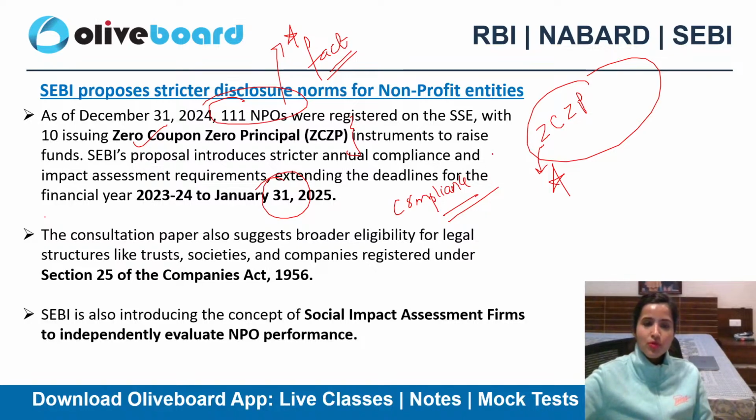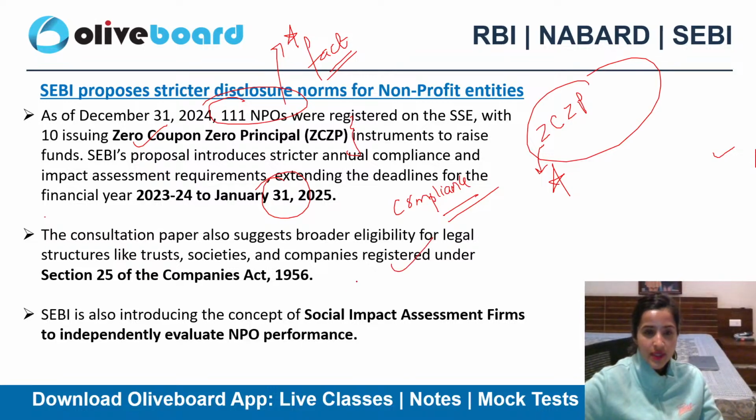The consultation paper also suggests broader eligibility for legal structures like trust societies, companies registered under Section 25 of the Companies Act. So this is also important. So eligibility, I told you that they are also talking about broadening the eligibility criteria for legal structures.